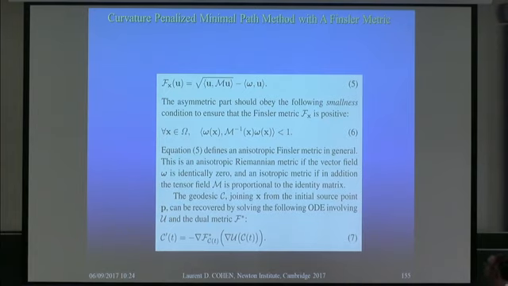So here you have a term which corresponds to the Riemannian metric, where M is a tensor field defined on the image domain. And you add this term here, W scalar U, where U is the orientation of the curve, and W is a field of orientation vectors in the image domain.